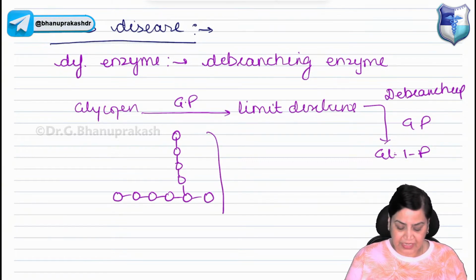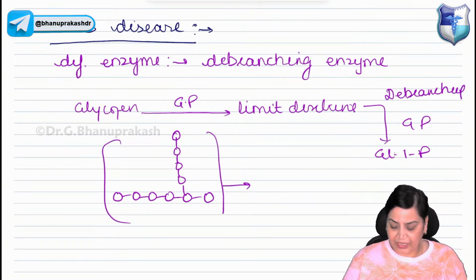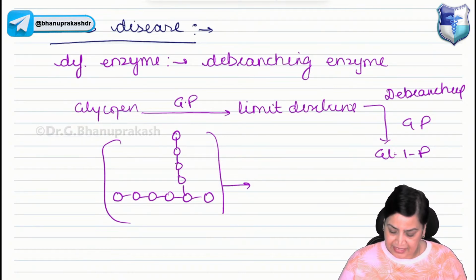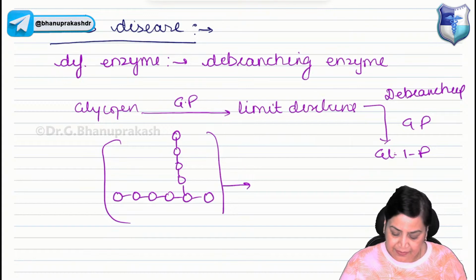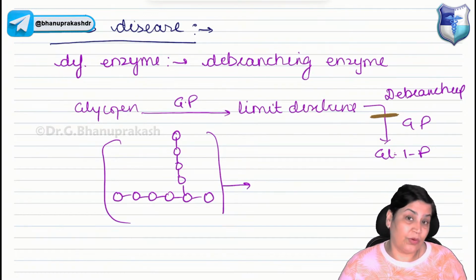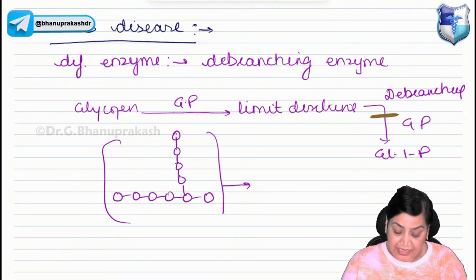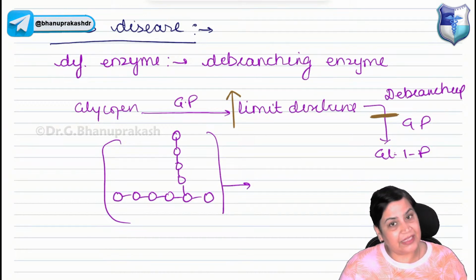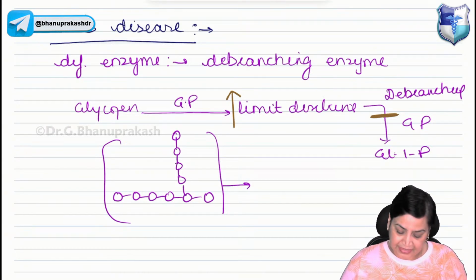So this was then converted into a linear chain and then glycogen phosphorylase used to act. In Cori's disease, this enzyme is absent. Right? So what will be accumulated? Limit dextrins will be accumulated.